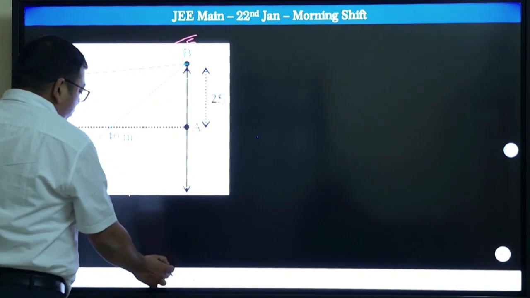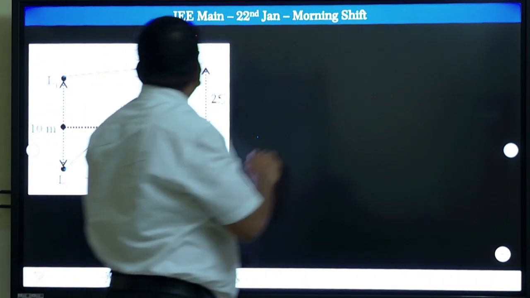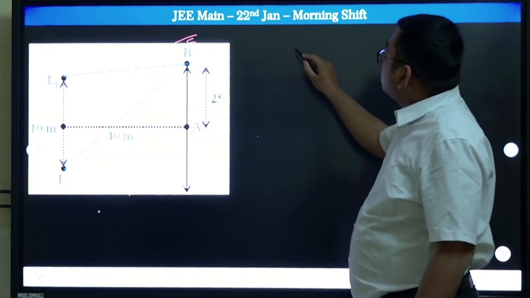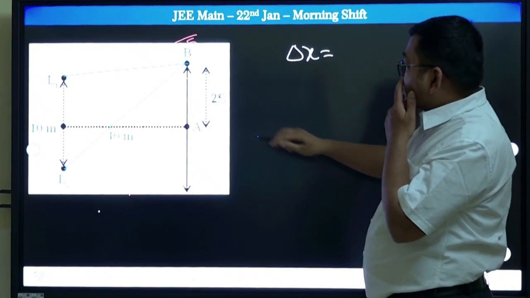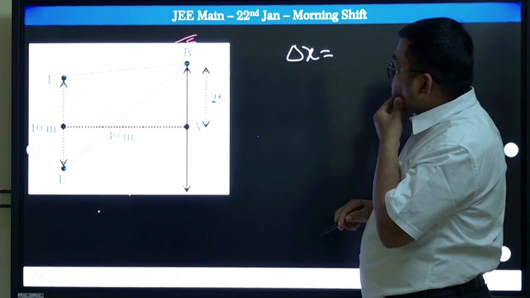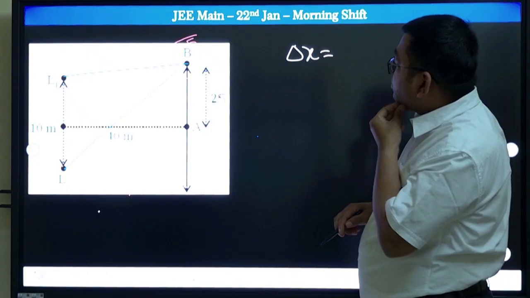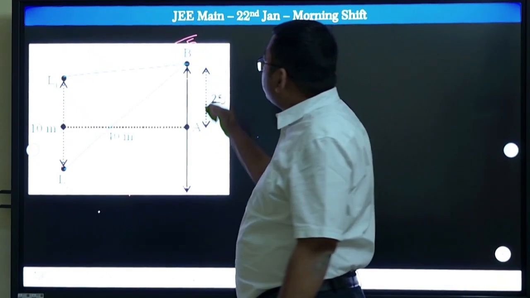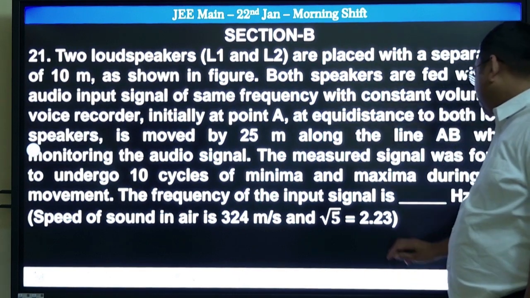So these are the two distances. And what will be the path difference now? Calculate the path difference, delta x. So the two distances are 20 root 5 and 50. Which will be larger? Root 5 is how much? Did they give the value in the question? 2.23.